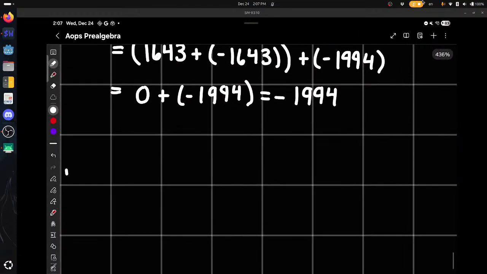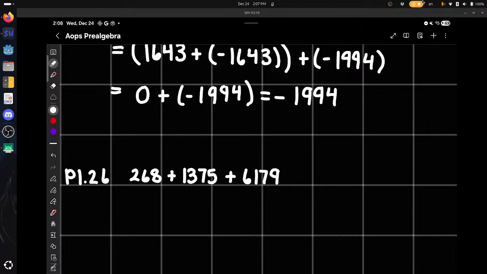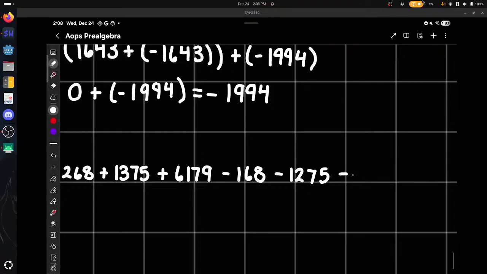So problem 26. What is the value of 268 plus? Okay, that's a lot of numbers, but we can do this. Eight. 1, 2, 7, 5, 6, 0, 7, 9.